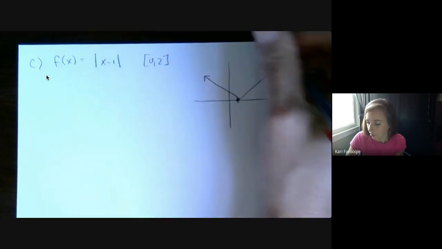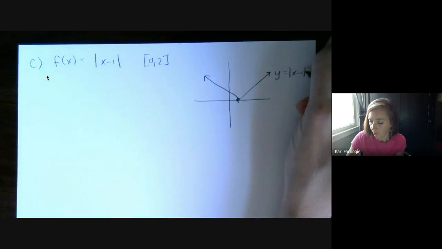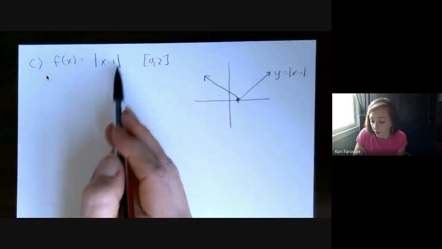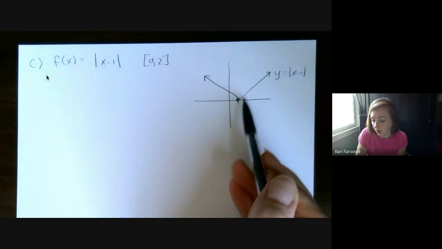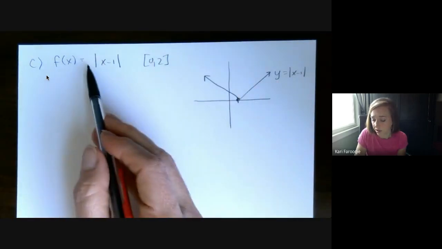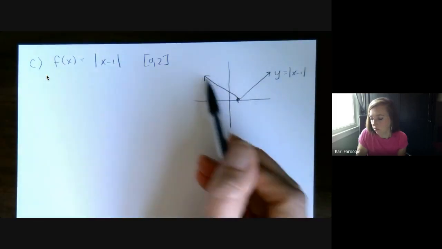But it looks like this. Remember, your absolute value is that V-shaped graph, the absolute value of x. Well, if you're talking about the positive side, it's x minus 1, which is this leg of the graph. And then if you apply a negative, it's negative x plus 1, which is this way.